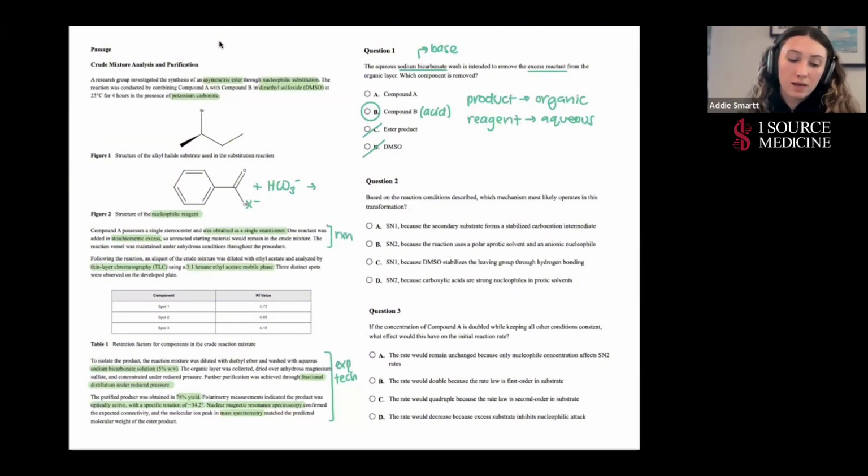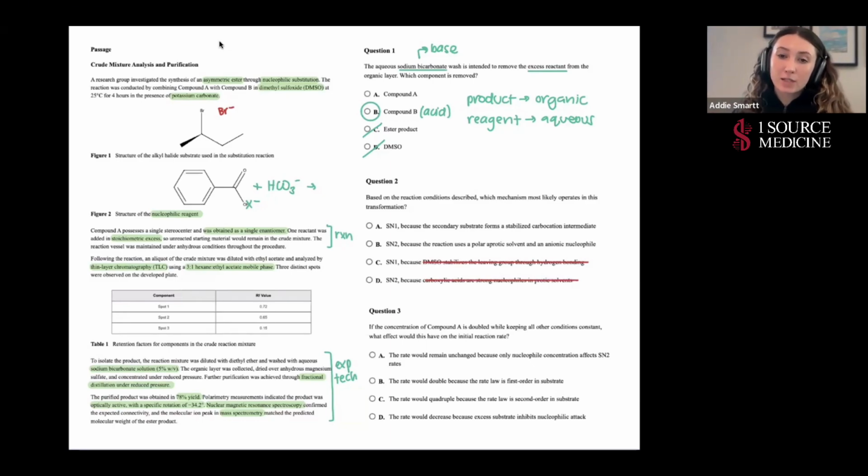So to me, I can rule that answer out because there would not be hydrogen bonding with the leaving group, which would be Br minus, with a polar aprotic solvent. With D, SN2, because carboxylic acids are strong nucleophiles in protic solvents. So I would probably rule that one out as well because it's not a protic solvent.